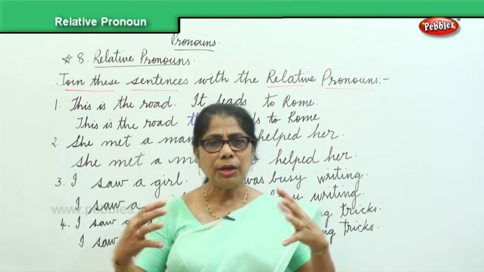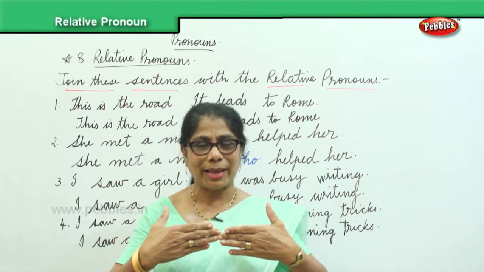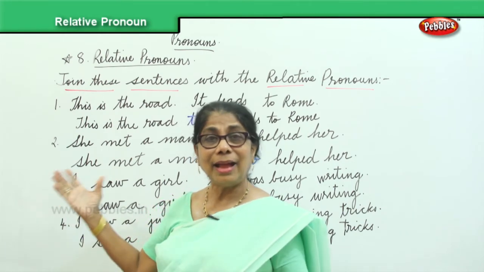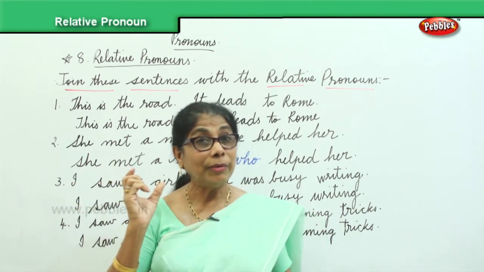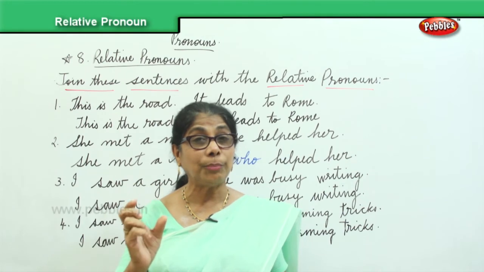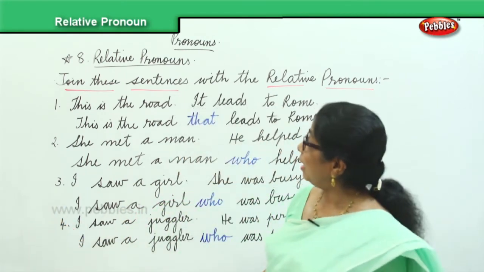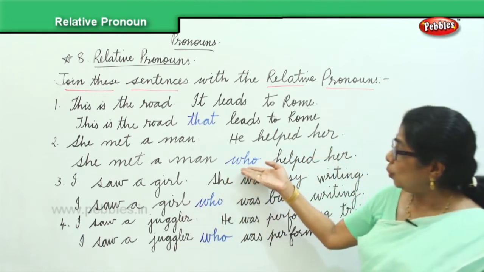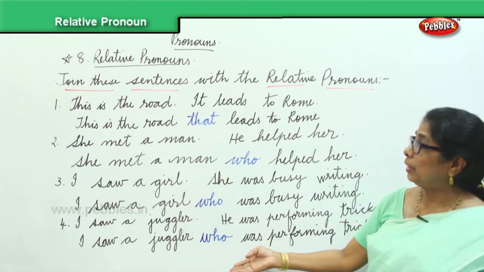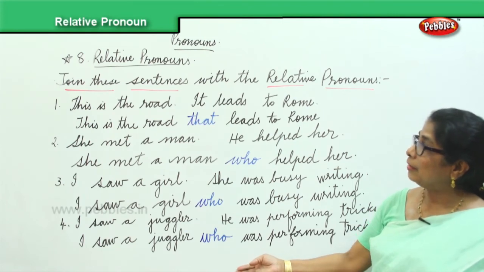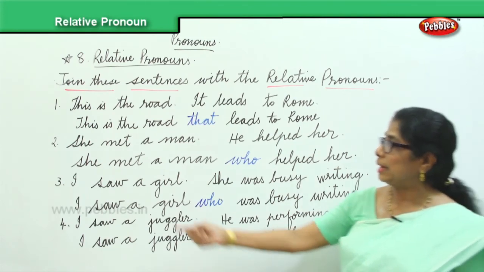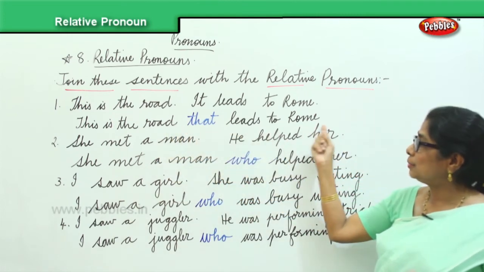So we learned to join two sentences together. When we are joining, we use the relative pronoun for joining the two sentences. We put in that and who, and we join two sentences and we get the relative pronoun sentence. This is the road that leads to Rome.